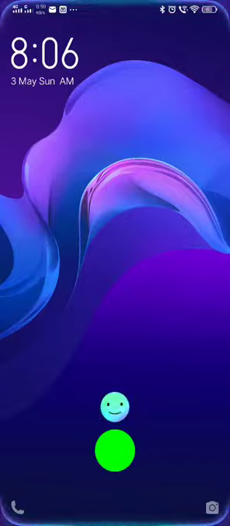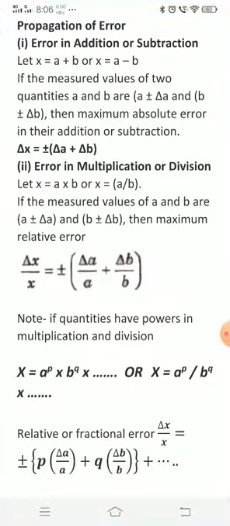Sometimes the expression is represented as multiplication or division of some quantities, and these quantities have certain powers. Again, measurement of a and b will give some error, so there will be some error in x obviously.